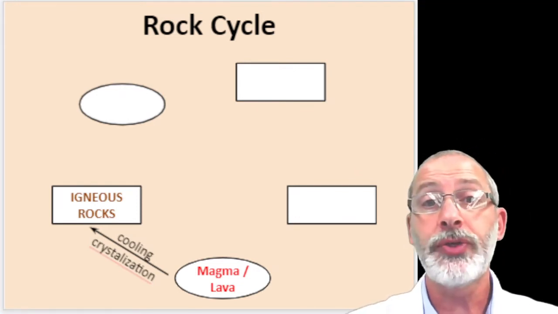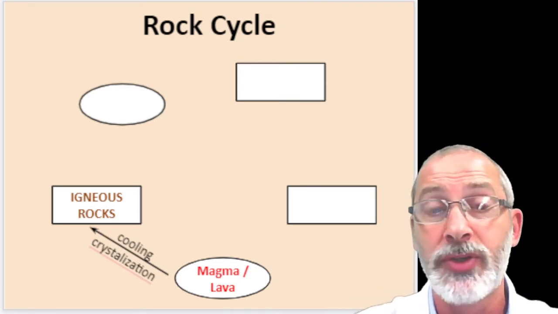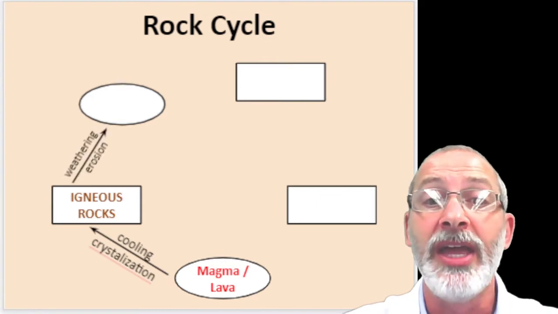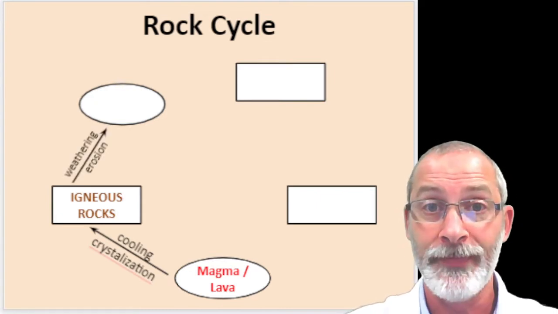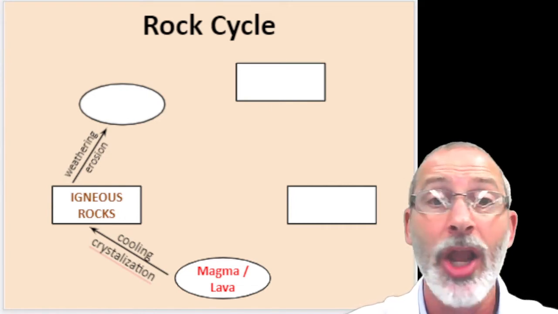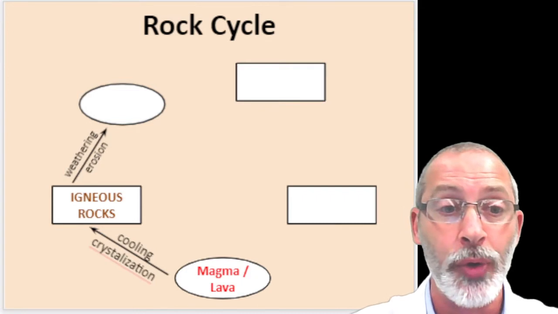Now, rocks are rocks, and whether we're talking about igneous rocks or other kinds of rocks, when they are rocks, they undergo weathering and erosion. Leave a rock outside long enough, and it's going to weather and erode.